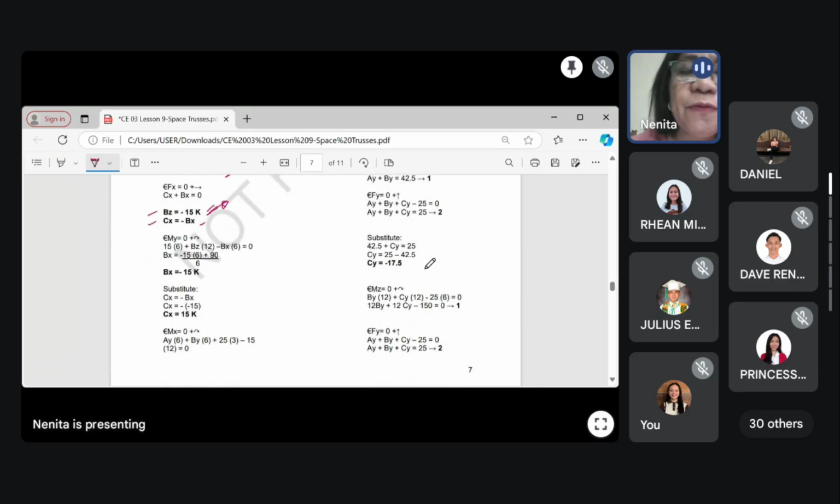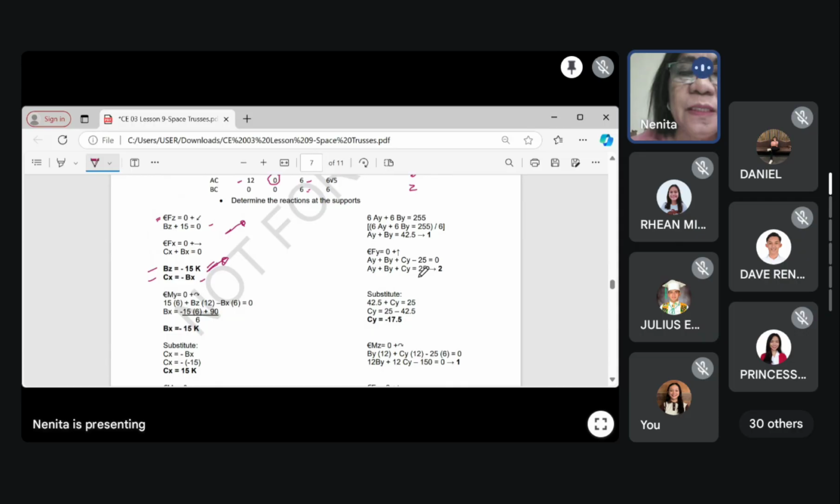Then, with those equations, you can set your calculator or you can use your mathematical knowledge on substitution and elimination in order to determine the unknowns. We have equations in terms of y, ay and by. We have also equations. Kung kukunin natin ang summation of forces on the y-axis along the y, so we have ay plus by.